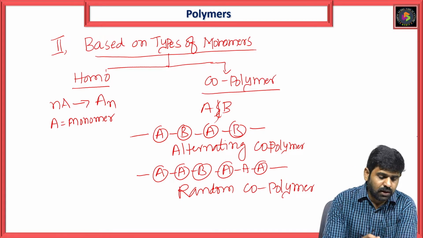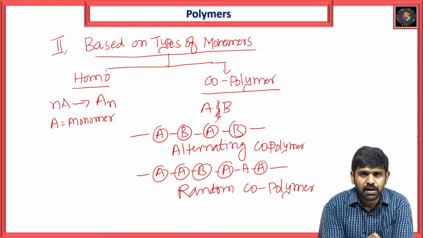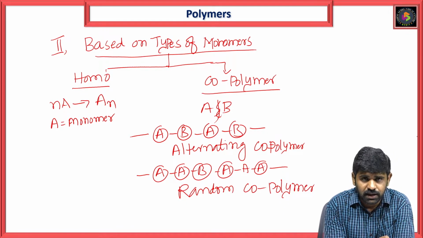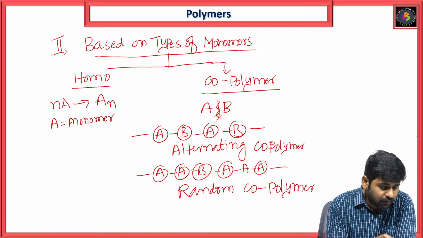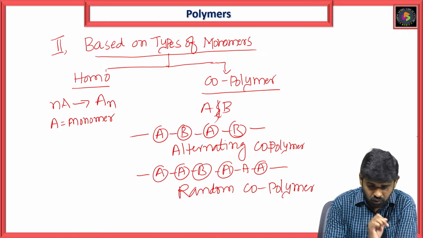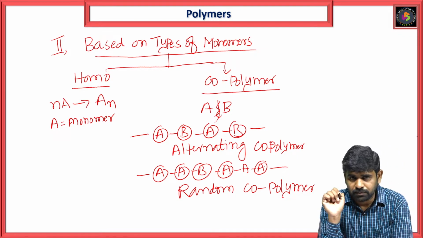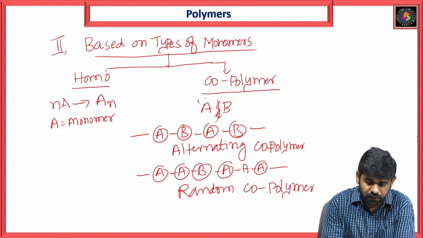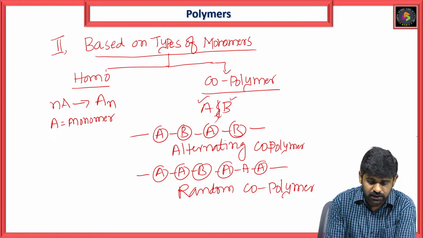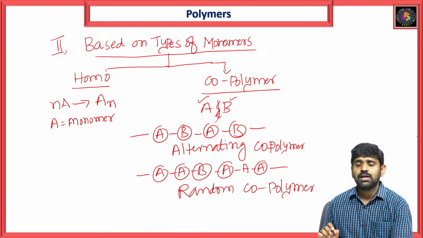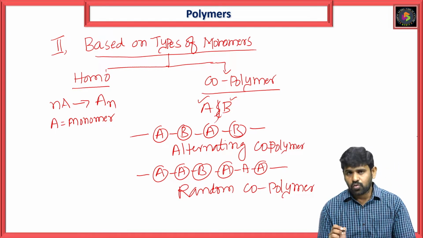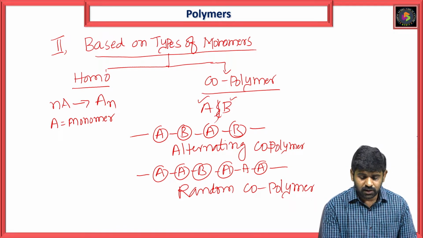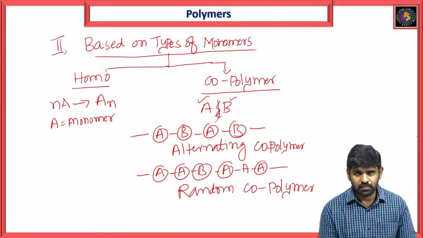A homopolymer is formed by the polymerization of one type of monomer, that is nA gives rise to An, where A is equal to monomer. Next, when two different types of monomers are joined in the same polymeric chain, the polymer is called a copolymer. In copolymer, we have alternating copolymer and random copolymer.